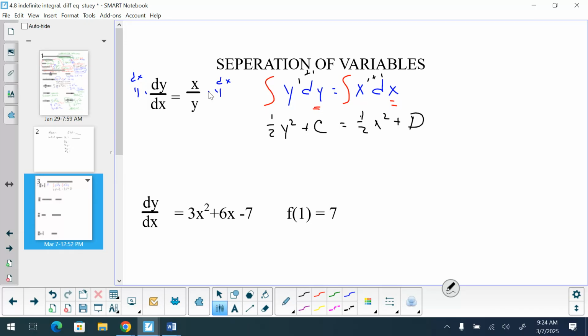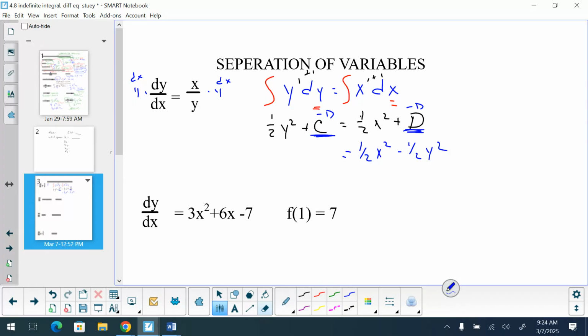Now we can collect both of our variables on one side of the equal sign and our constant on the other. You can use any letters you want to use here. If I subtract d from both sides, I have a constant minus a constant, and I'm still going to get a constant.